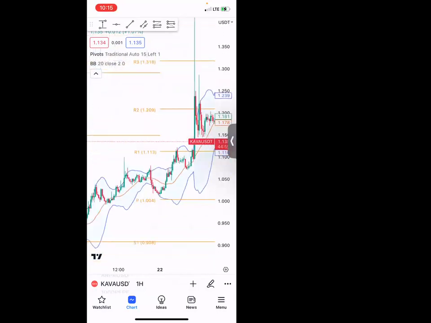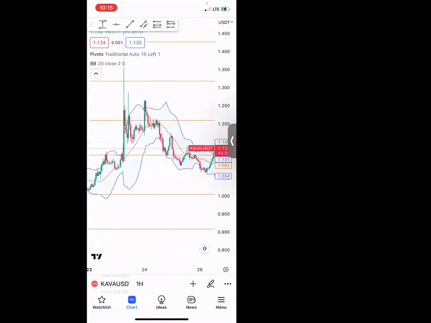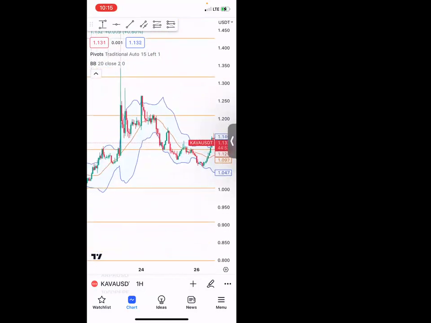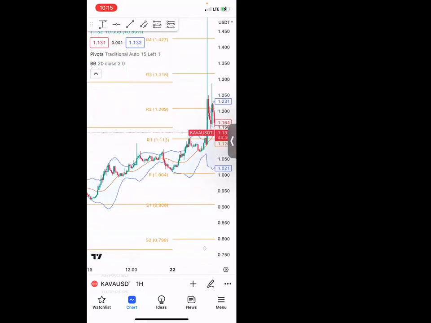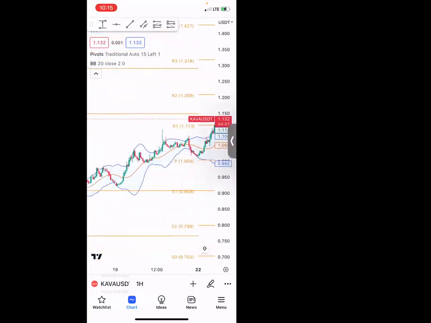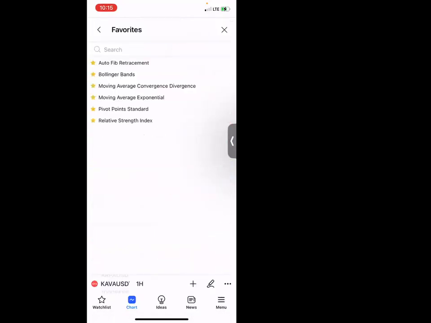It's a simple chart, but it's like I'm missing one thing. There's one thing to be added here to make a complete chart.